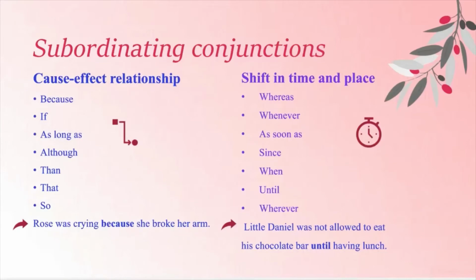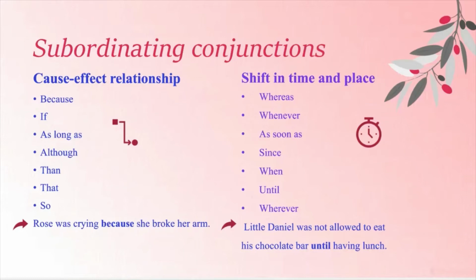Now, let's take a closer look at the words and phrases that link dependent clauses to independent clauses. In short, subordinating conjunctions express a cause-effect relationship or a shift in time and place between the two clauses. Here are a couple of examples. The sentence, Rose was crying because she broke her arm, conveys a cause-effect relationship due to the conjunction because.